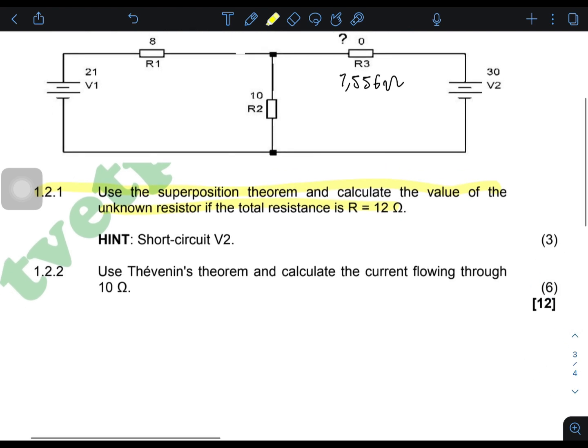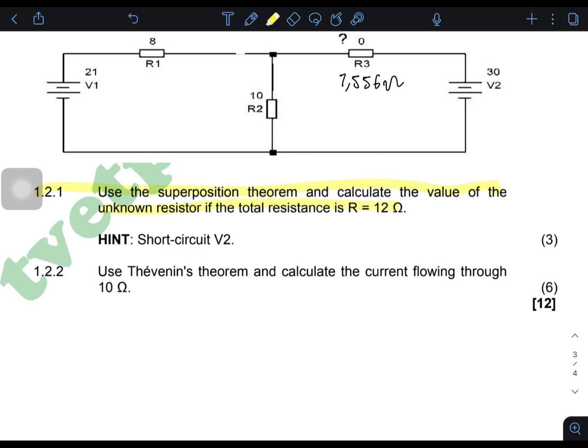Then the follow-up question says use Thevenin and calculate the current flowing through the 10 ohm. In this circuit we have two sources, as compared to the previous question that I did, which was from an example where we had only one source.